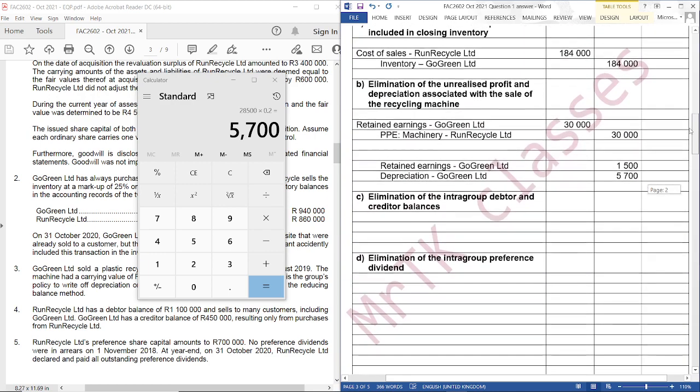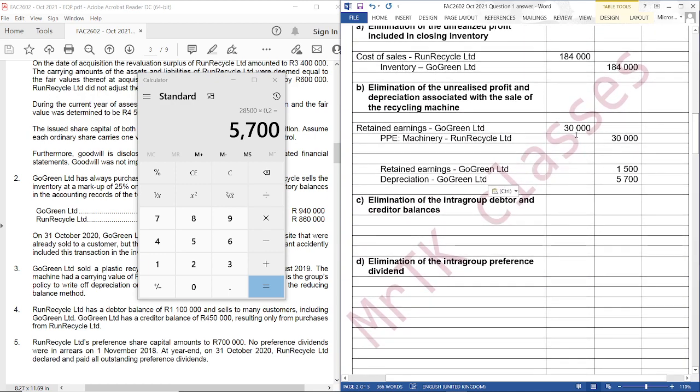Then the other leg is meant to address this, right? So we need to increase our property, plant and equipment. So we are going to increase our property, plant and equipment using an account called accumulated depreciation, right? Accumulated depreciation.